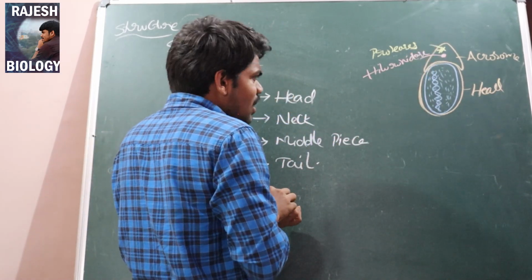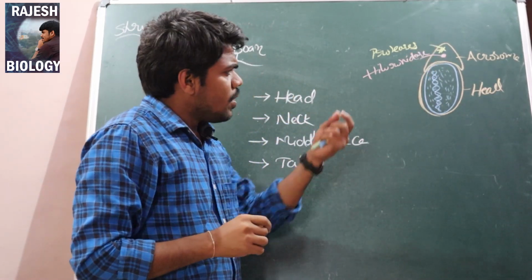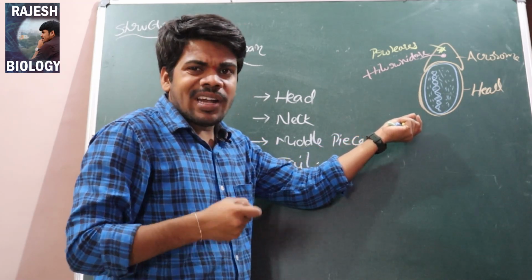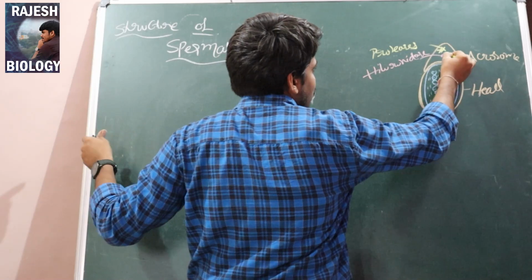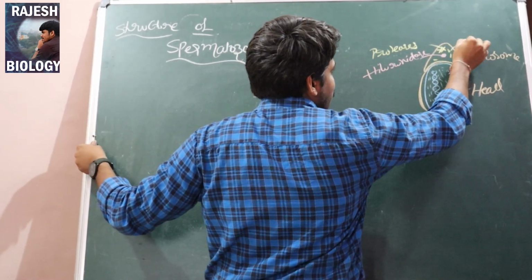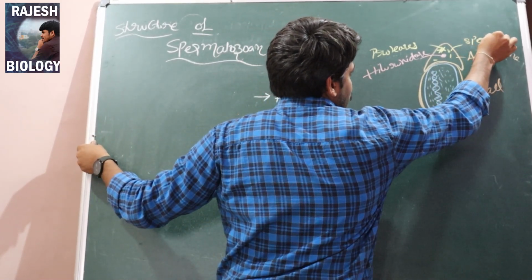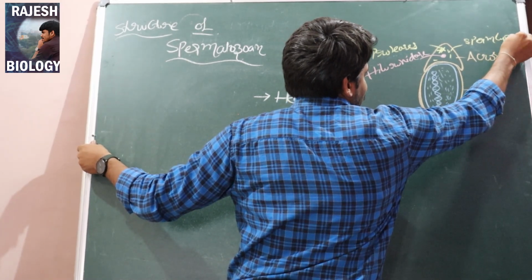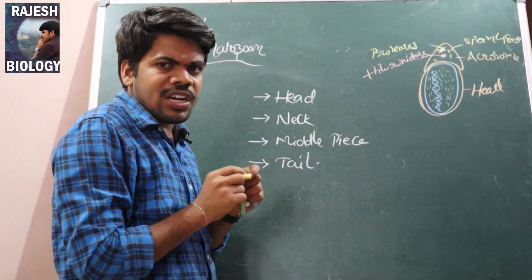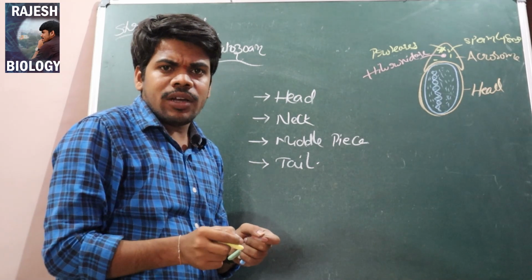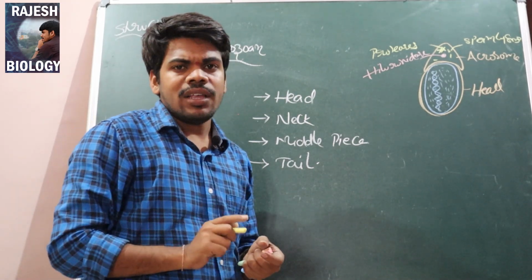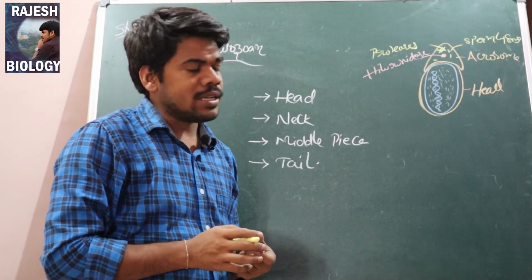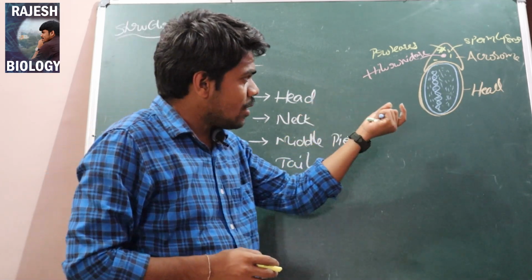And some other plasma membrane digesting enzymes are there. Sperm lysins are present, which can digest and rupture the corona radiata and the zona pellucida, which helps in penetrating the egg membrane to fertilize that ovum.